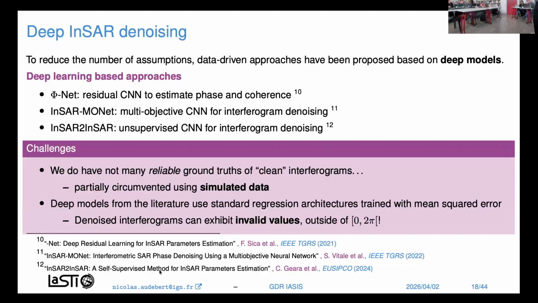There are two challenges basically when you do this kind of denoising. The first one is that you don't have a lot of clean ground truth of denoised interferograms unless you do simulation. The other thing that bothers me, at least, is that the standard regression architecture is fine when you're working with images, but when you're working with phase, it is an angle between 0 and 2 pi.